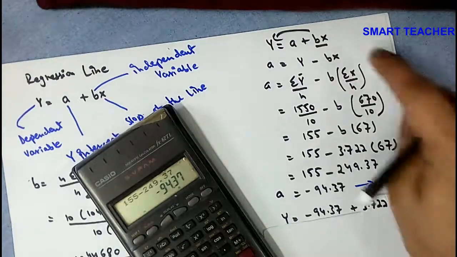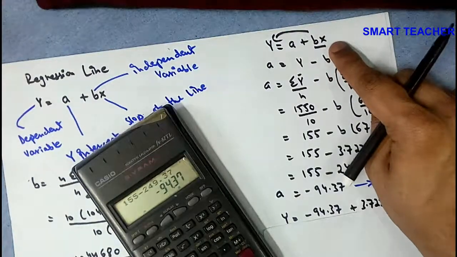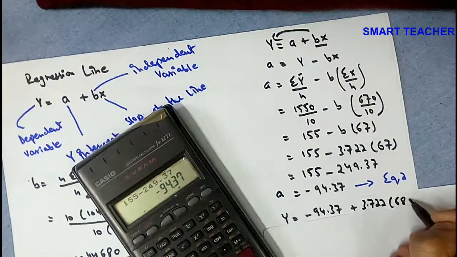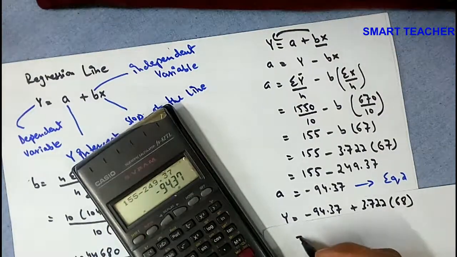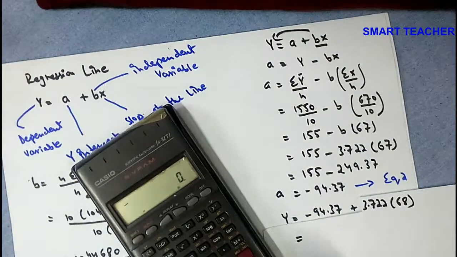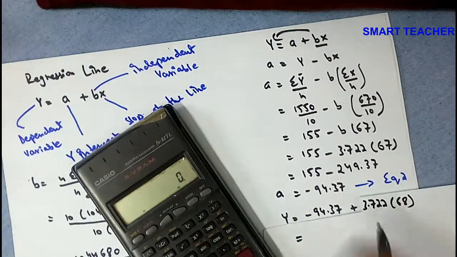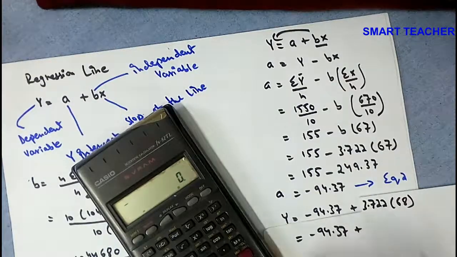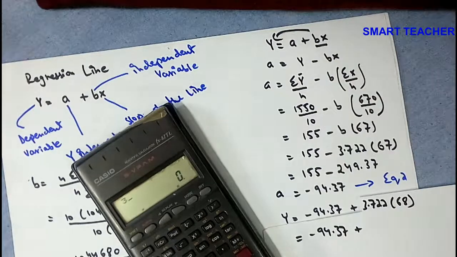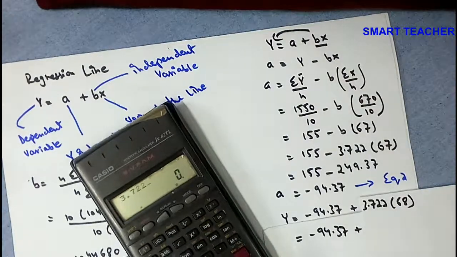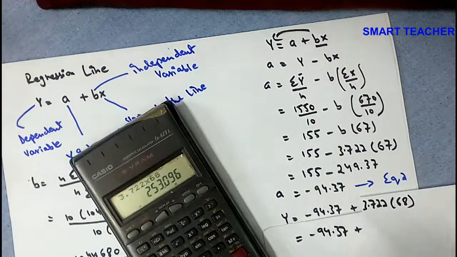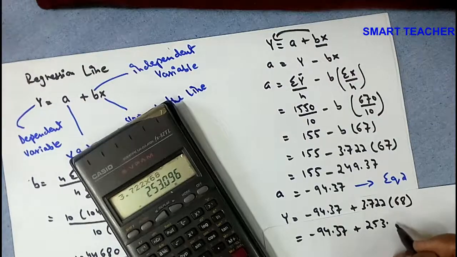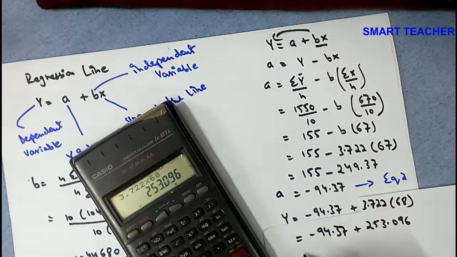3.722. Now what's the value of x? x is supposed to be the height of the student, that is 68 inches. So y equals minus 94.37 plus 3.722 multiplied by 68, that is 253.096.